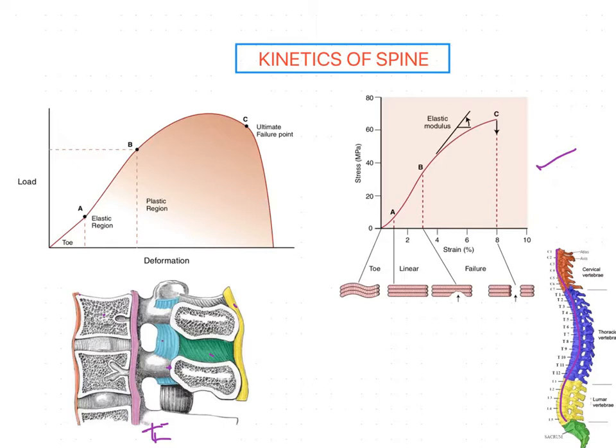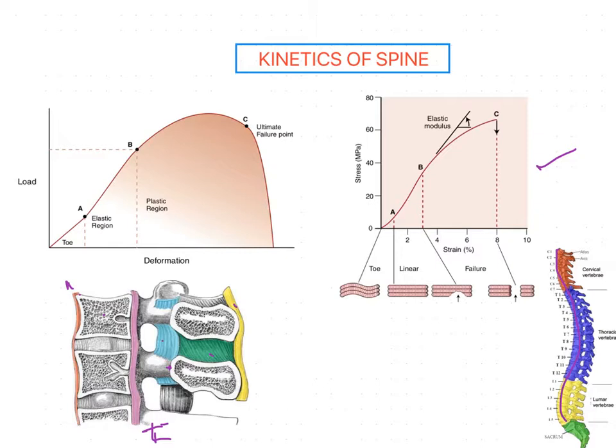By applying a specified load to the motion segment, an investigator can determine the stiffness of that particular segment. And they used to remove the ligaments one by one. They first removed the anterior longitudinal ligament and tested for stiffness: how much stability can be obtained by this segment if you remove the anterior longitudinal ligament.